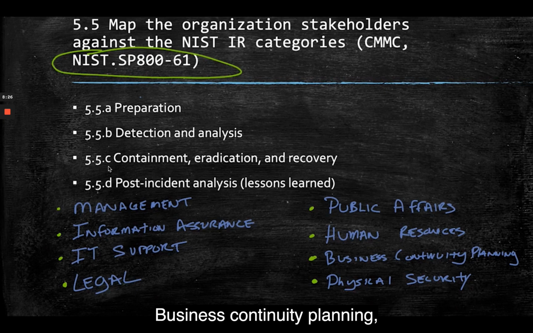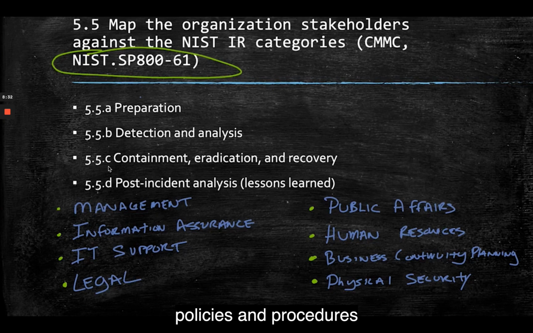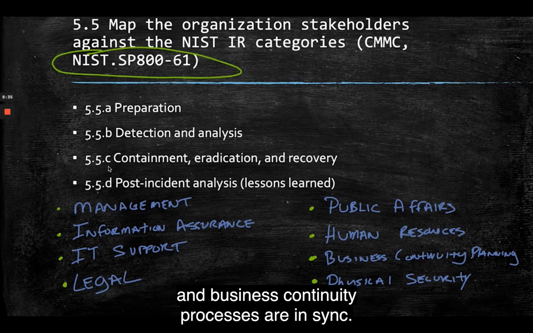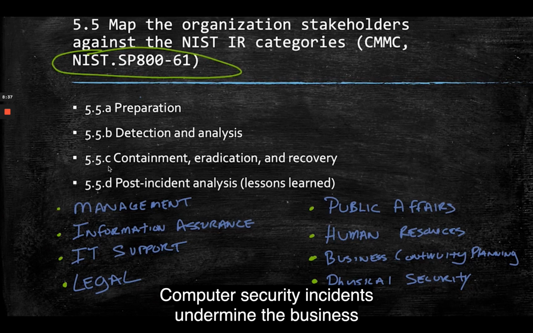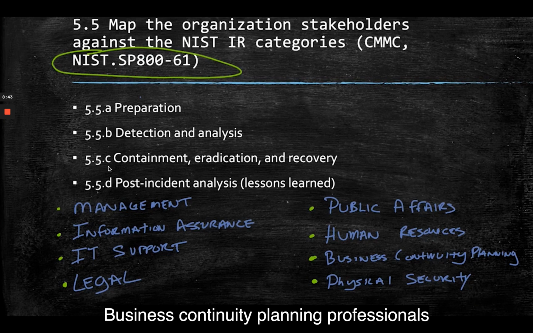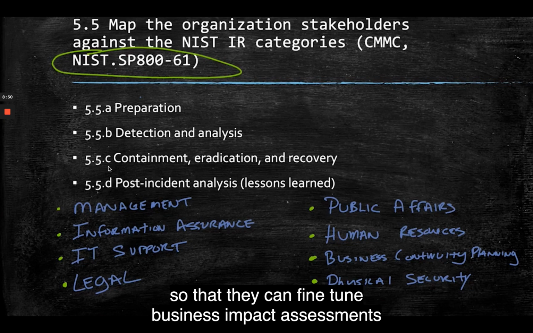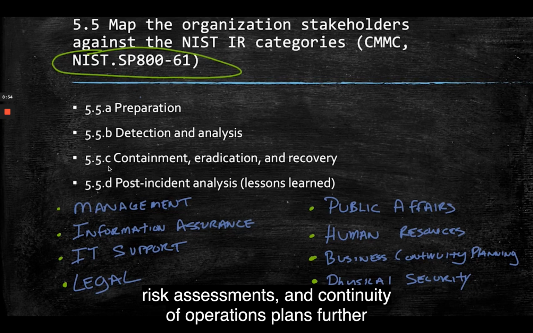Business continuity planning. Organizations should ensure that incident response policies and procedures and business continuity processes are in sync. Computer security incidents undermine the business resilience of an organization. Business continuity planning professionals should be made aware of incidents and their impacts so that they can fine-tune business impact assessments, risk assessments, and continuity of operations plans.